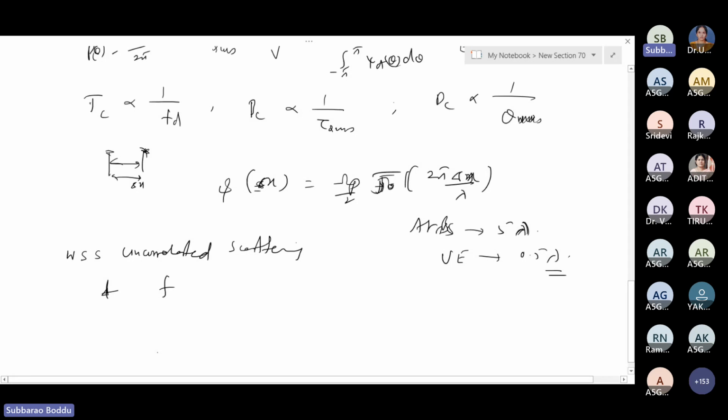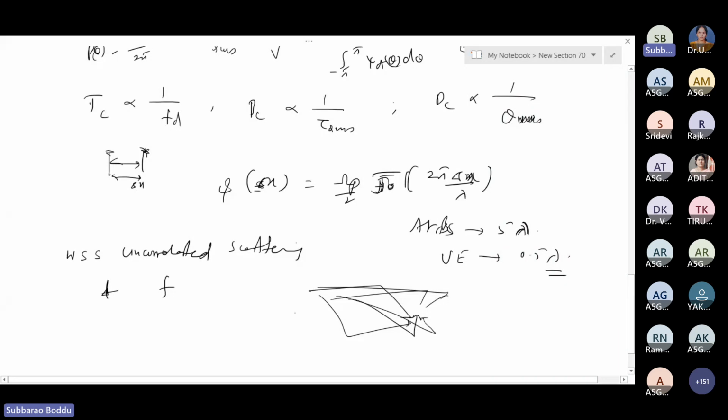The other one is uncorrelated scattering. It means the signals at two delays are uncorrelated. As I said, the signals arrive with different delays, maybe Poor or Rice scattering.